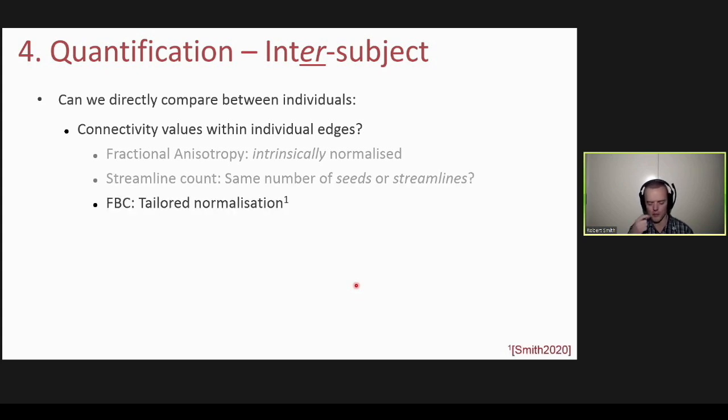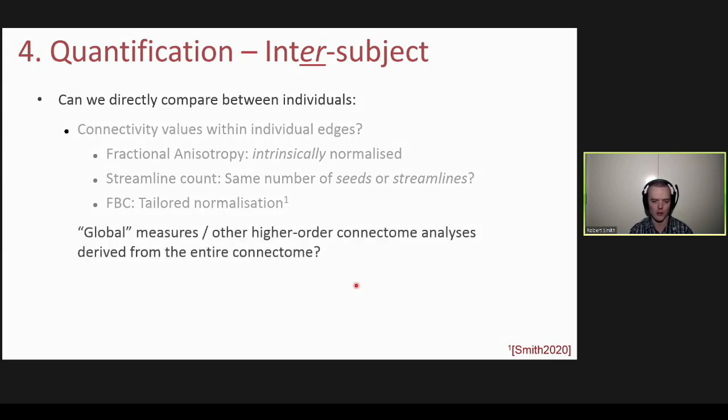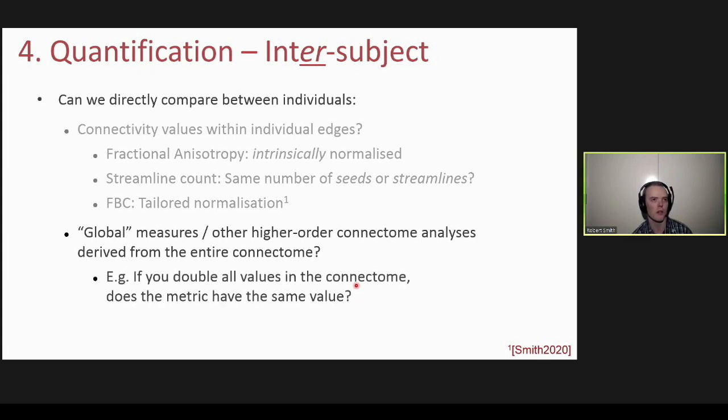This measure of fibre intracellular cross-sectional area has its own technique that I won't bore you with. But it's also worth thinking about these global network measures or other higher order analyses that people do with connectome data. And the way I like to think about this is, say you take your matrix data from your reconstruction and you then simply double every value in the matrix.